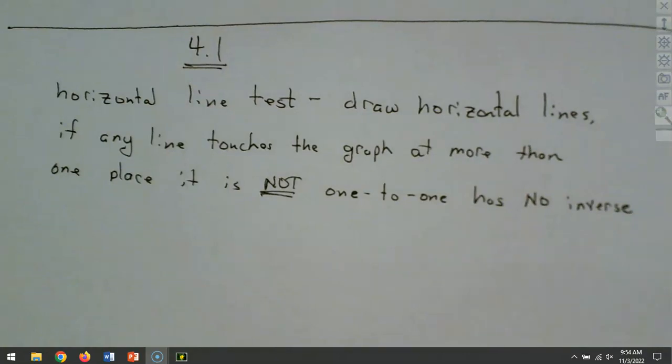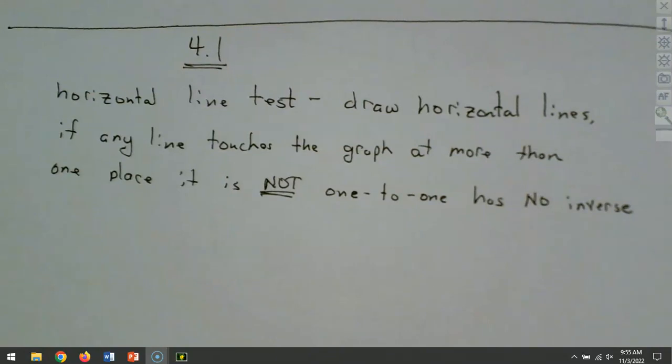Now the inverse is just the opposite. Now not all functions have inverses. Some do, some do not. But think of the inverse like its opposite. Now when we look at these graphs, we're going to be drawing horizontal lines.